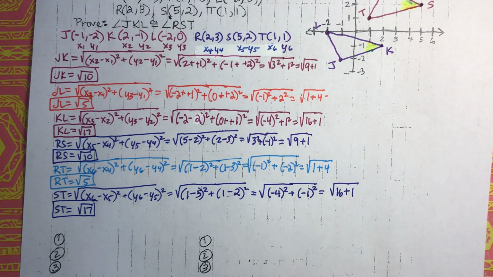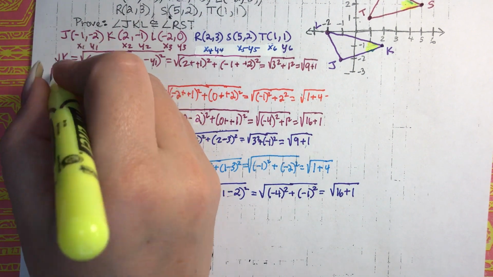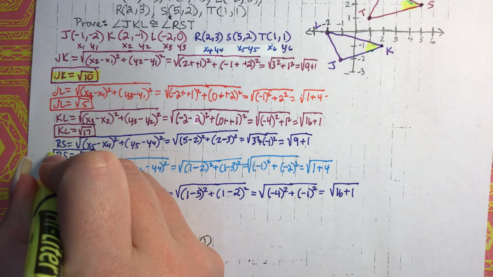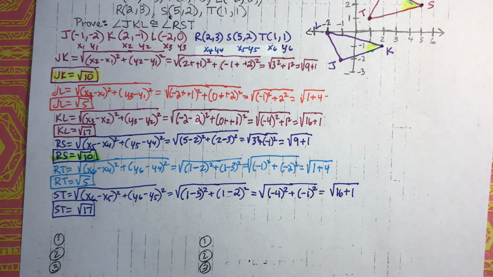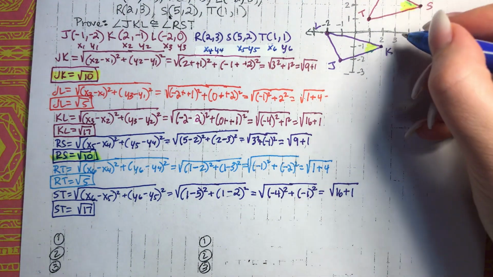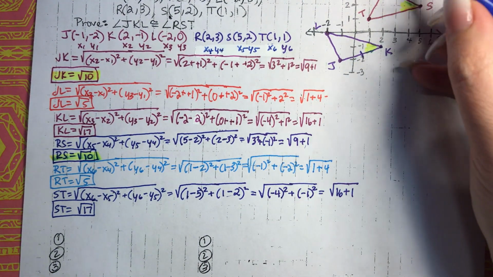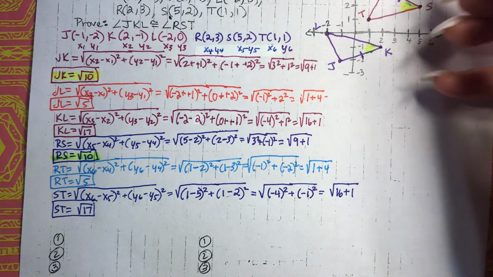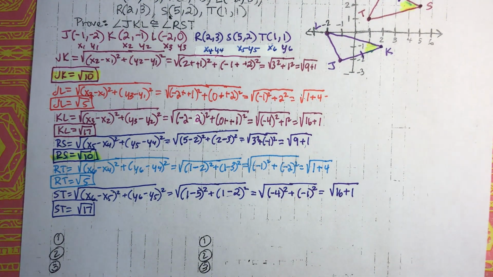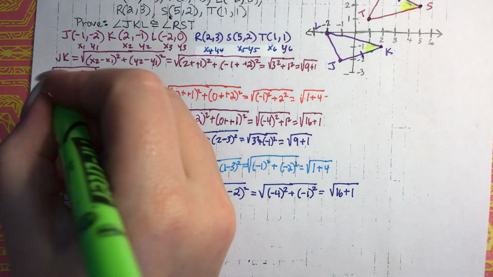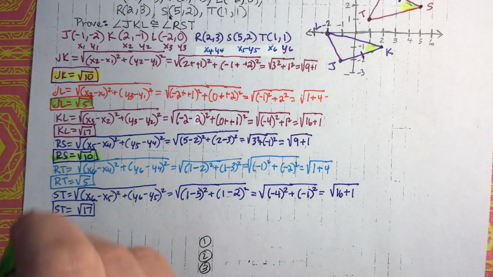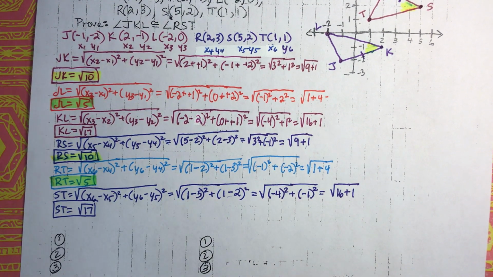Okay, great. Now let's see what we got. So we have JK, square root of 10, and RS, square root of 10. So we know that those two are congruent. So JK here is congruent to RS here. Okay, what else do we have? We have JL, the square root of 5, is congruent to RT, square root of 5.